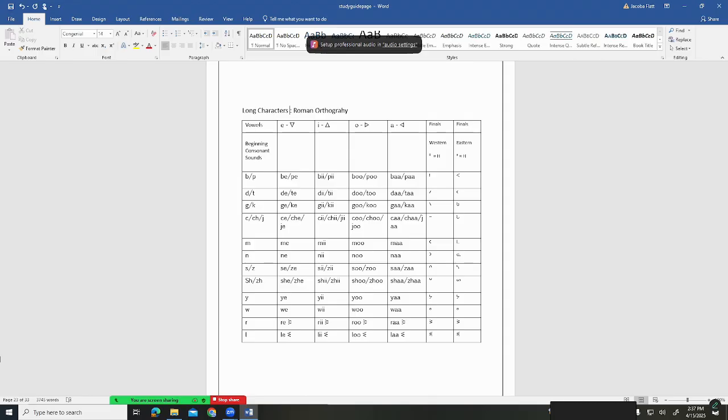You will write them in syllabics and Roman orthography. And for the vowels, there will be a practice sheet, a chart where you will fill in the characters into each blank square.